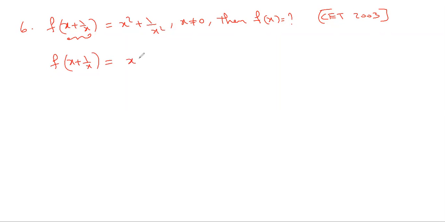Write this as x square plus 1 by x square, that is x whole square plus 1 by x the whole square, plus 2 times, completion of square, the 2ab term is missing, 2 times of x into 1 by x, minus 2 times of x into 1 by x. I added and subtracted that.